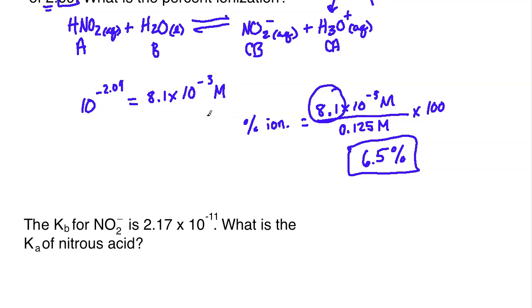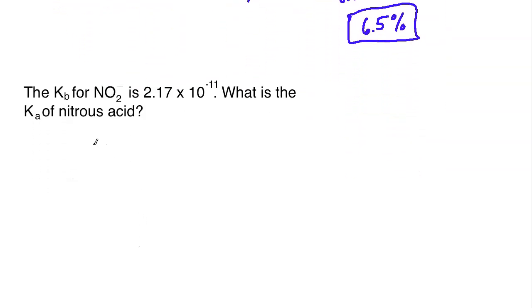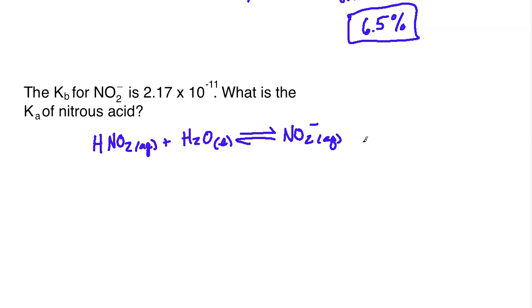So I'm going to rewrite the equation down here so we can make a clean run at this problem. This would be aqueous, plus we had water as liquid, goes over to the ion in equilibrium, NO2 minus, aqueous, plus. And keep in mind, this is part of why you want to know your nomenclature. When it says nitrous acid or something like that, you need to know what it's talking about and be able to pull out the correct substance.